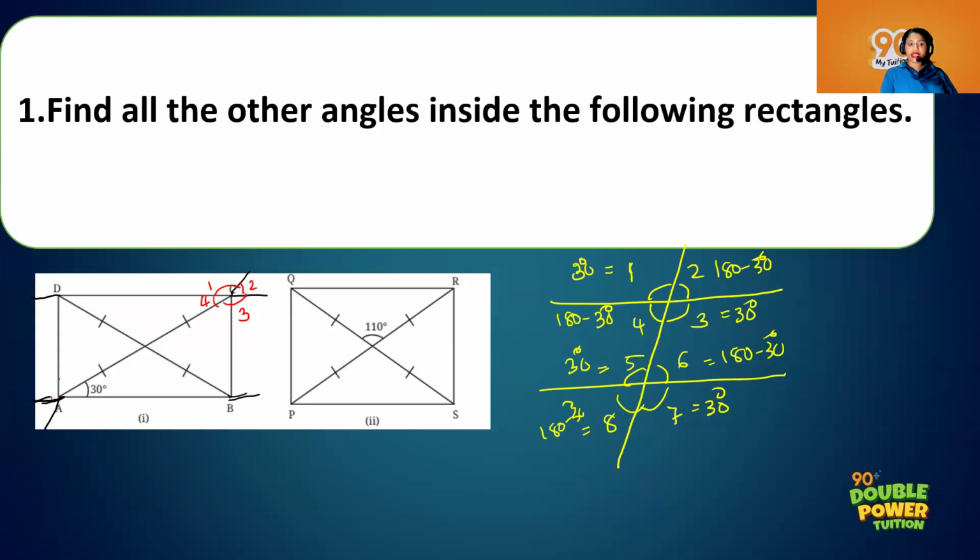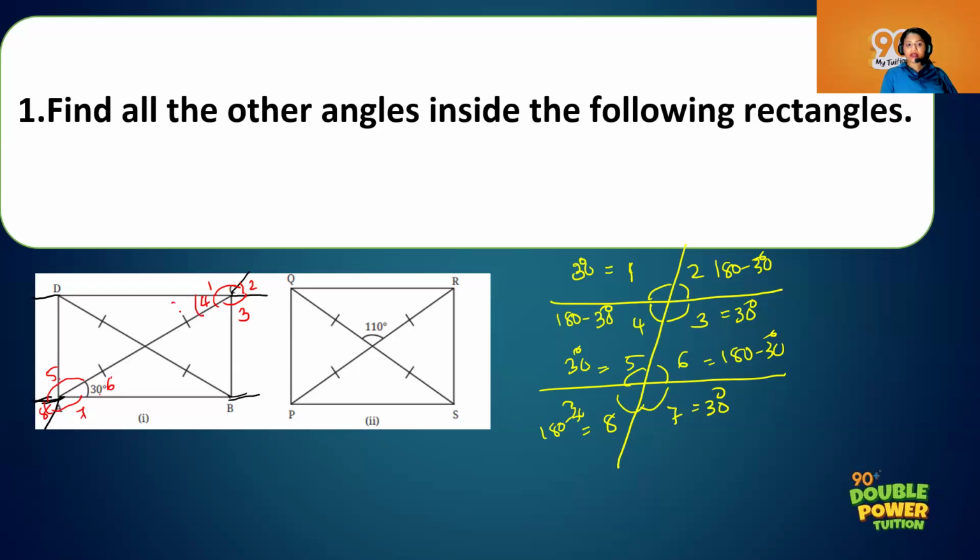Then this will be angle 5, angle 6, angle 7 and angle 8. Any doubt? Here angle 6 is given as 30 degrees, so all the odd and even numbered angles will be the same, right Gauri?